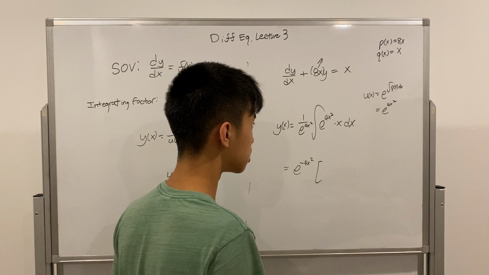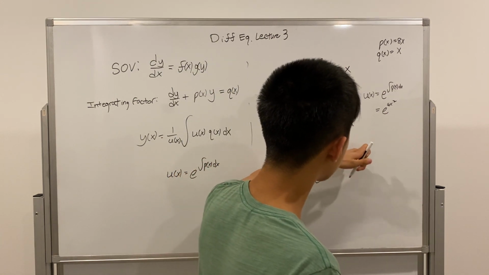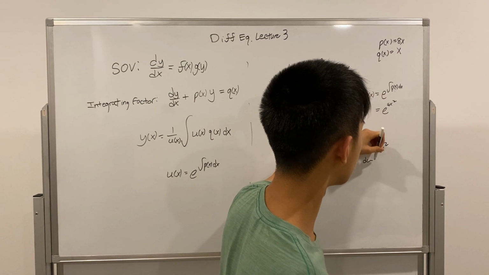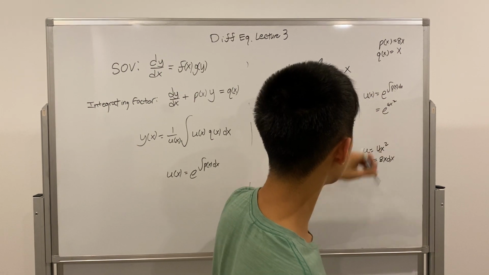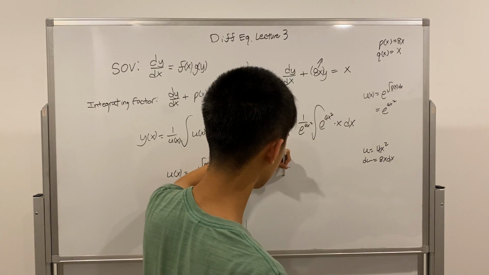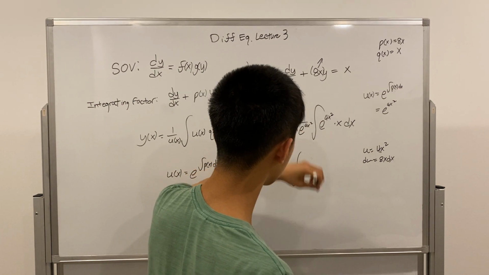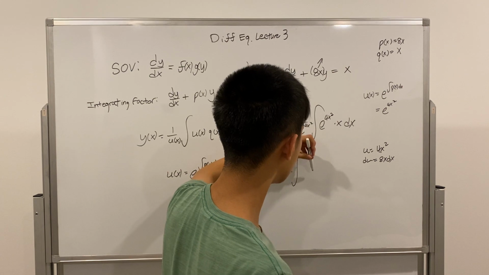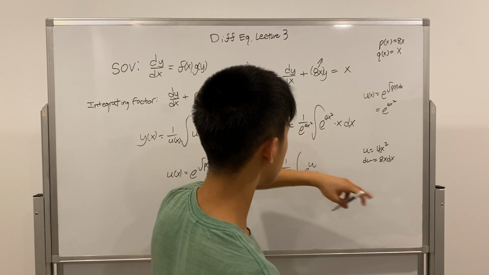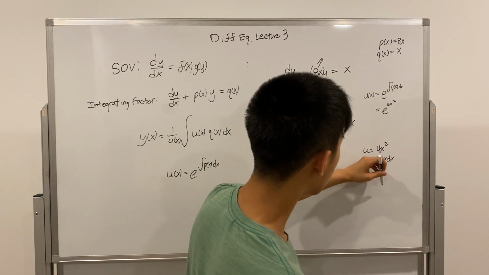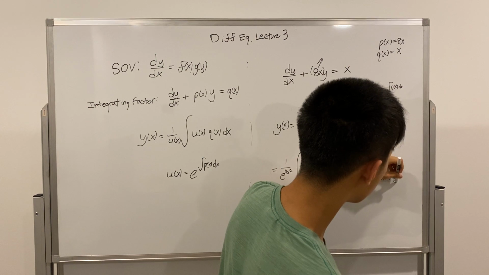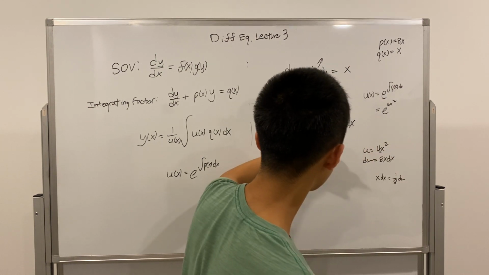Here we set u equal to 4x squared, so du is equal to 8x dx. So x dx becomes 1/8 du.